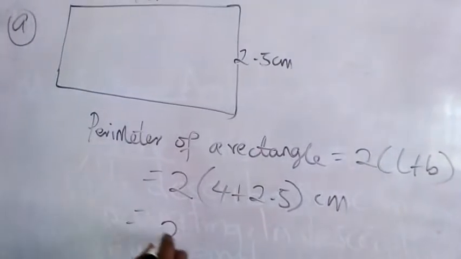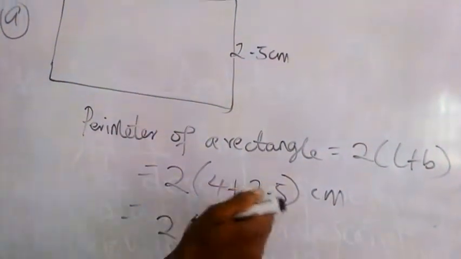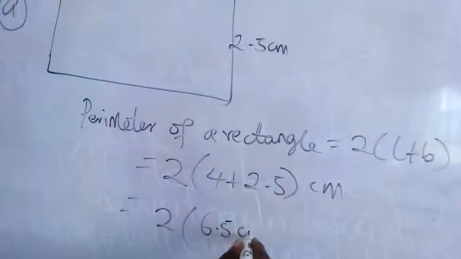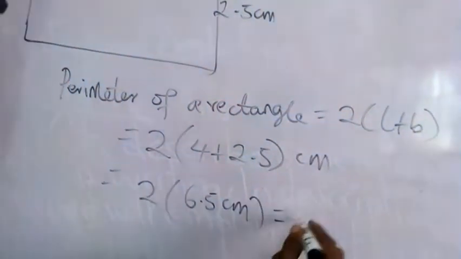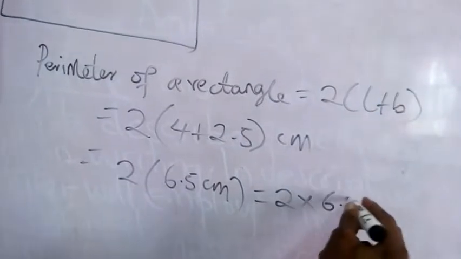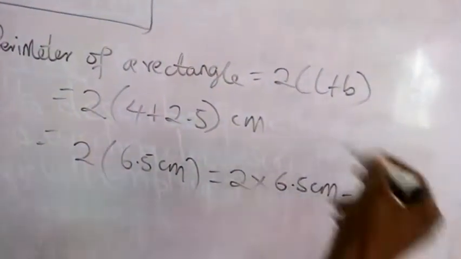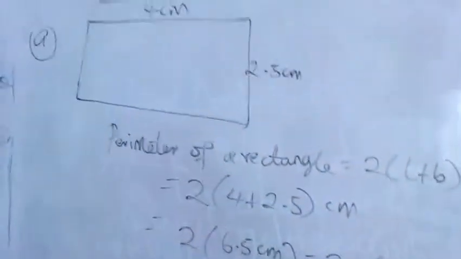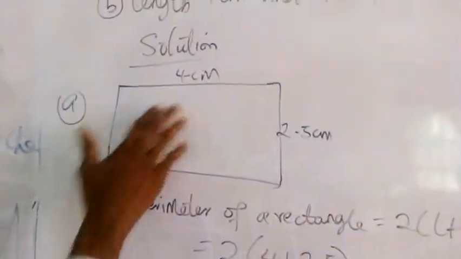So that will give us 2 into bracket 4 plus 2.5, which is 6.5 cm. That is equal to 2 times 6.5 cm, and that's equal to 13 cm. So the perimeter of this rectangle is 13 cm.